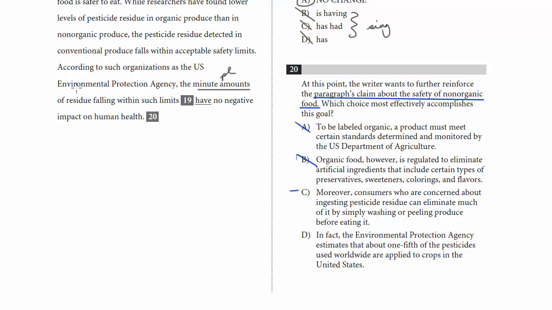So this does further talk about the idea that non-organic conventional food can be healthy even if it's sprayed with pesticides, for all these reasons, including choice C. So C looks pretty good. D, in fact, the EPA estimates that about 1/5 of the pesticides used worldwide are applied to crops in the United States. It's about pesticides, but it's not specifically about the safety of non-organic food, building on the previous discussion. The only one that does that is C.